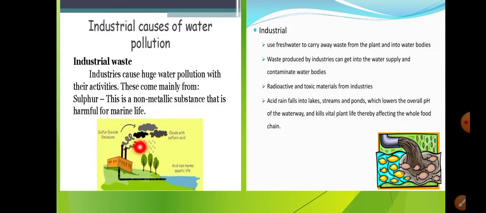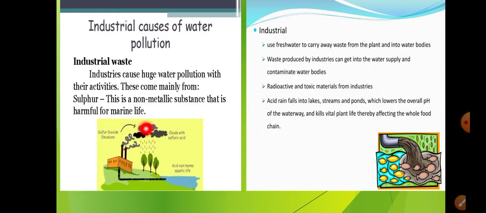And when condensation takes place, the droplets of water clump together and form the clouds. At that time, the sulfur dioxide released in the air from the factories forms sulfuric acid.